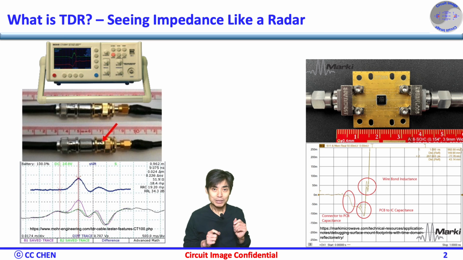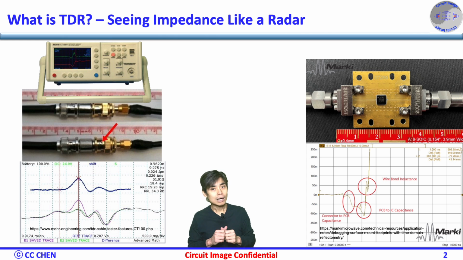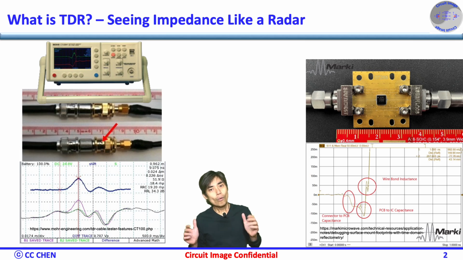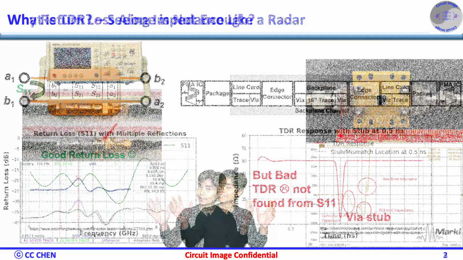This is especially powerful for debugging high-speed SerDes systems. Small impedance variations can create reflections that degrade signal quality. By using TDR, we can detect and resolve issues before they impact performance. So, why is this especially critical in SerDes design?